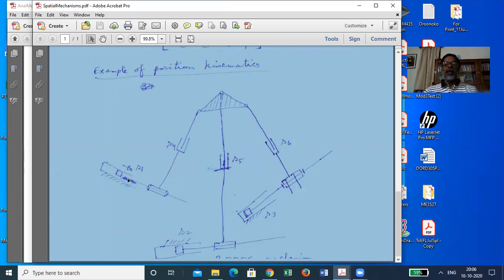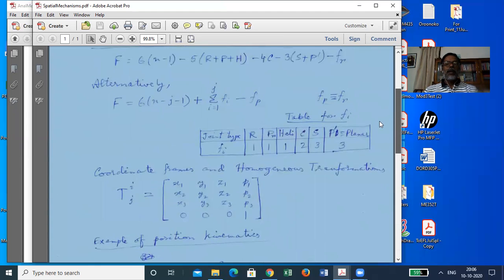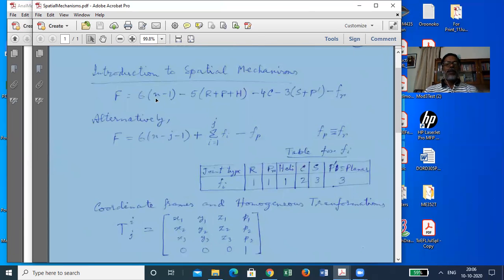So 3 in this leg, 3 in this leg, 3 in this leg, 9, and one platform, 10, and one frame, 11. Okay, 11 links are there. So put 11 here, and you have got 6 into 10, 60.